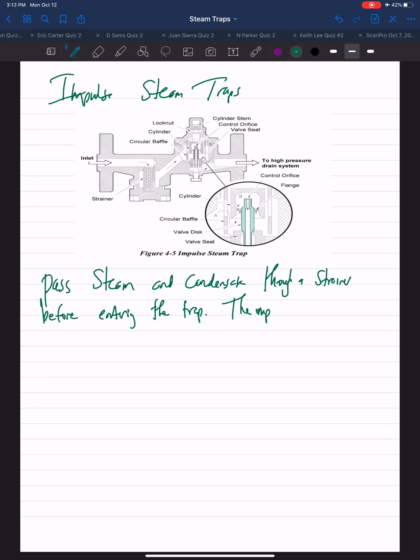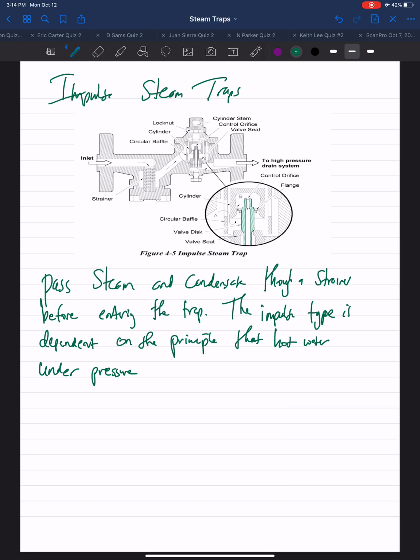The impulse type is dependent on the principle that hot water under pressure tends to flash to steam when the pressure is reduced.